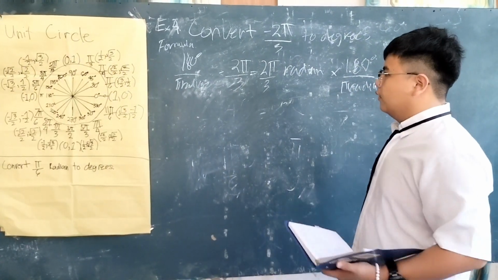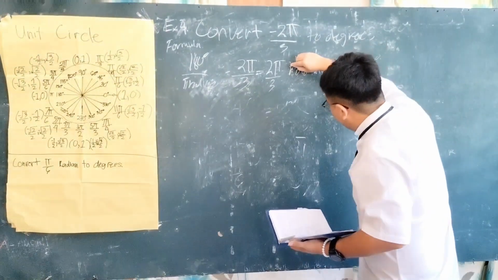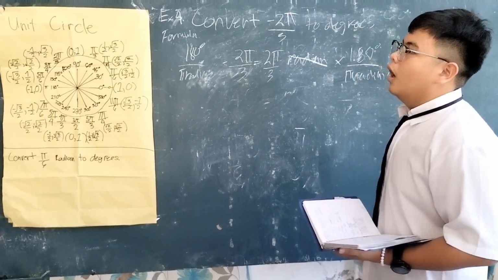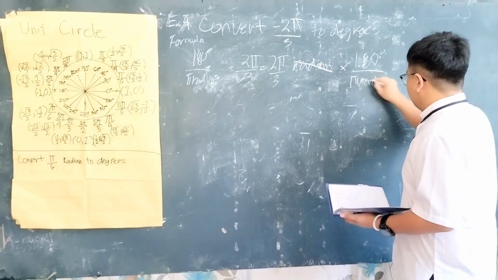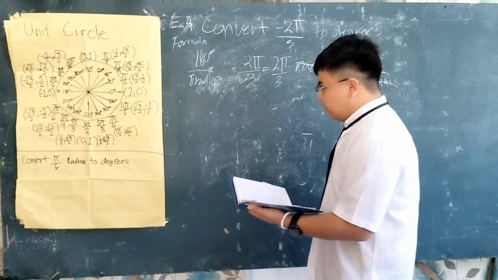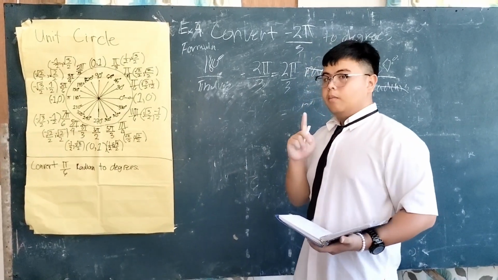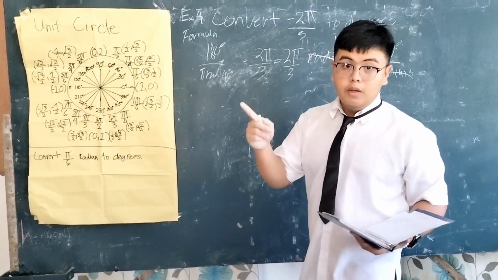Like I said, we need to cancel out the radian first because the unit of our result is degrees, not radians. Then we need to simplify before we multiply.